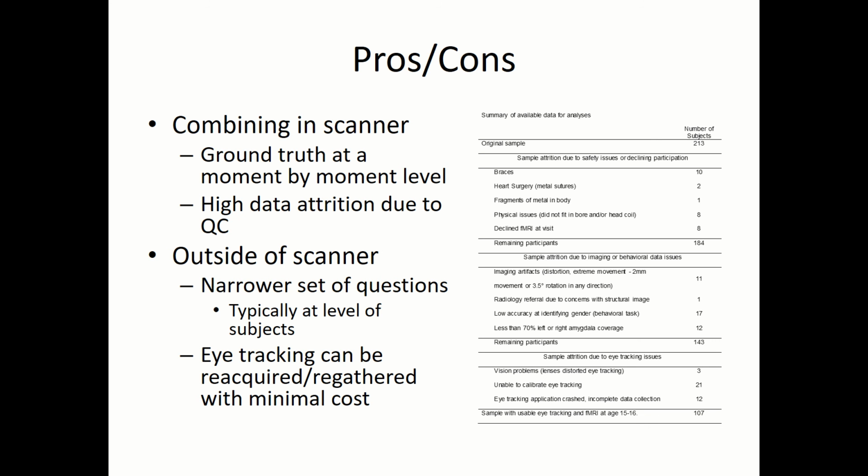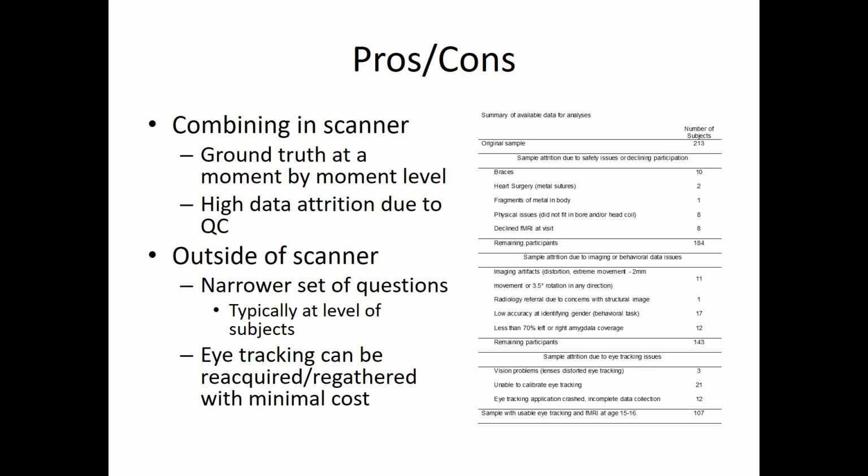However, the main pro is that fMRI is expensive. If you bring somebody in and you scan them once, it's pretty expensive, so much so that in some places you can't afford to reacquire them or run them a second time.